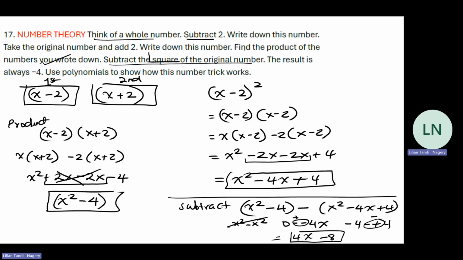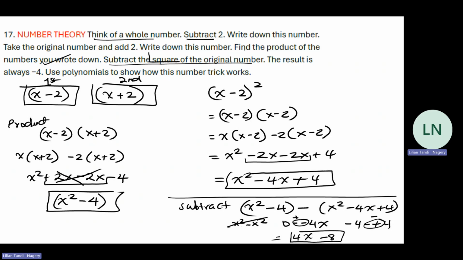The result is always negative 4. Did I do something wrong? Because I did not get negative 4. Think of a whole number, subtract 2, which I did. Write down this number, I did. Then add 2, I did. Subtract the square of the original.